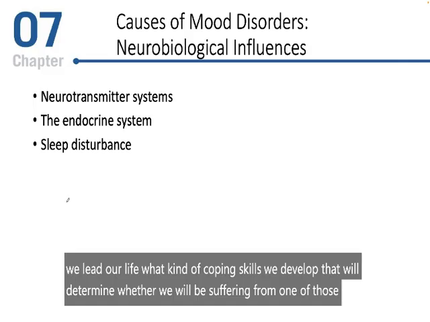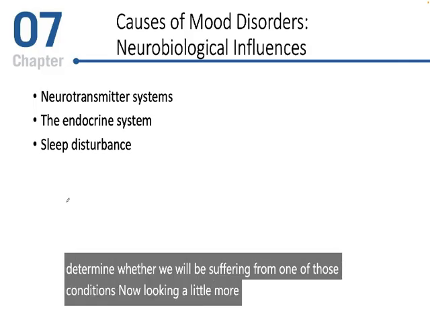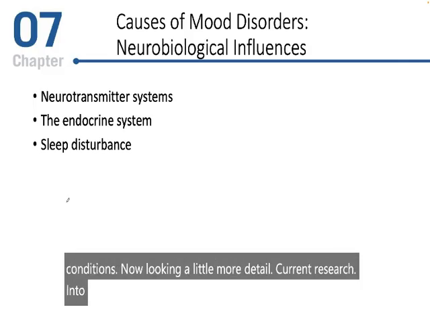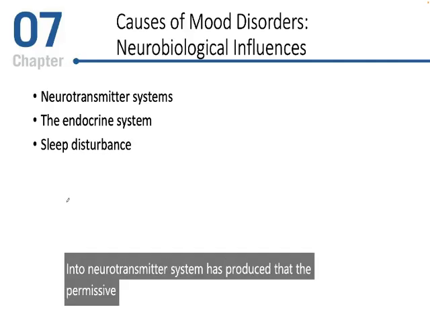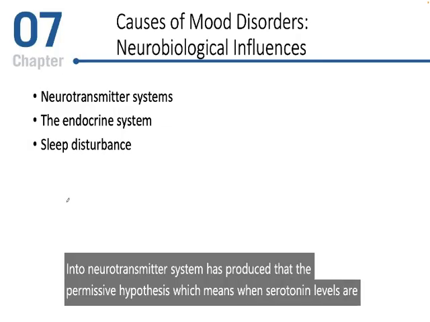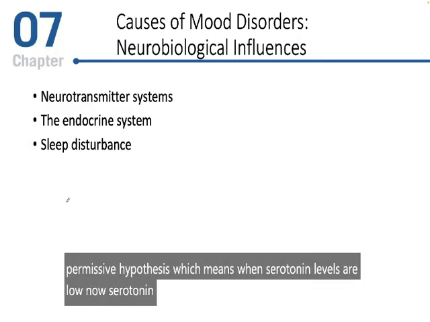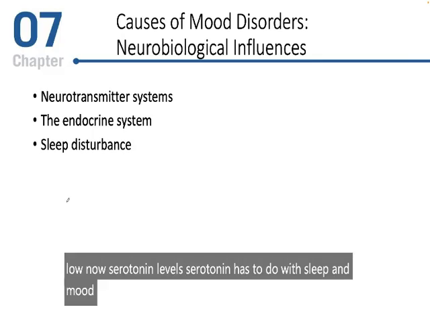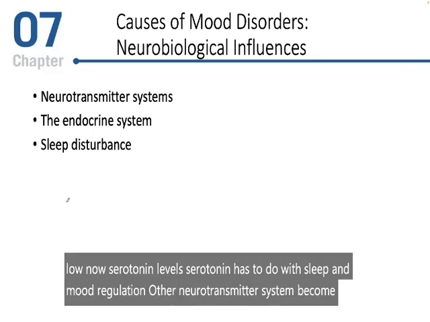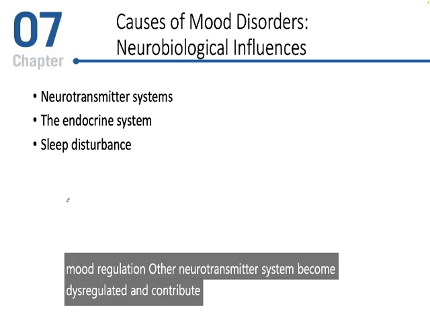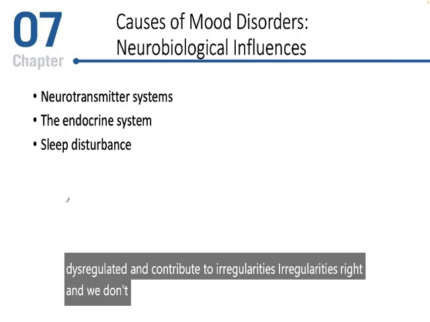Now, looking in a little more detail, current research into the neurotransmitter system has produced the permissive hypothesis, which means when serotonin levels are low, other neurotransmitter systems become dysregulated and contribute to irregularities. Now, serotonin has to do with sleep and mood regulation. And we don't know exactly if this is 100%.